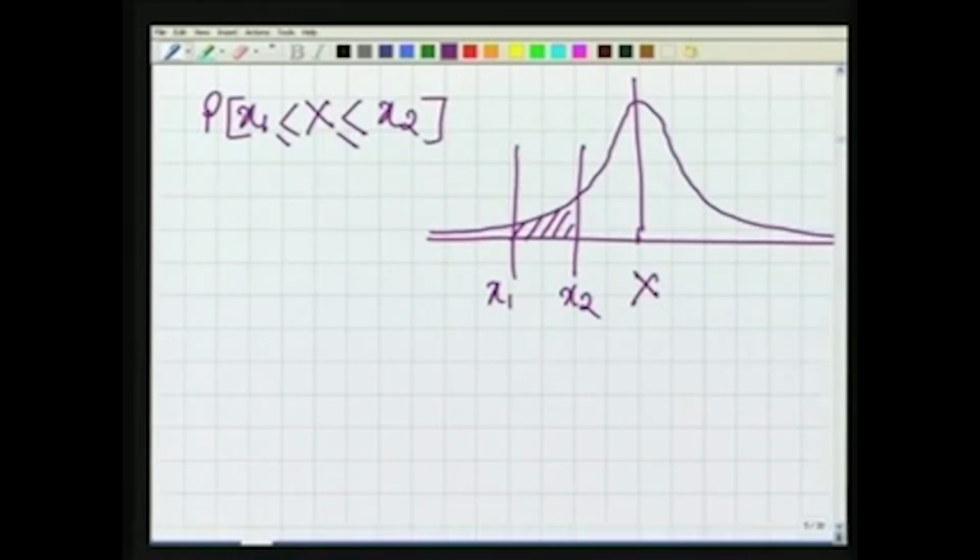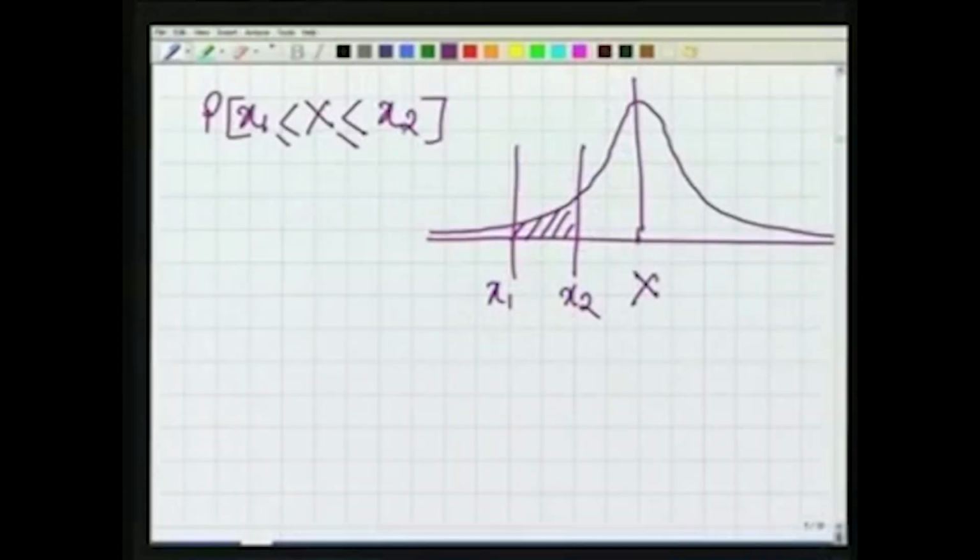Let's understand the meaning first. The meaning of this is, what is the probability of occurrence of all the values which are between x1 and x2, and this, as you can see here, is actually this area.